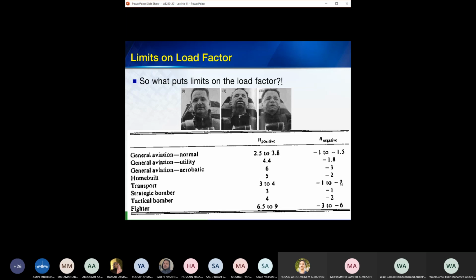But on the negative side, the more dangerous side, when the blood accumulates in the head, normal human beings can withstand load factors between -1 and -2. So most transport aircraft are designed for a negative load factor of -1.5. That's an average.